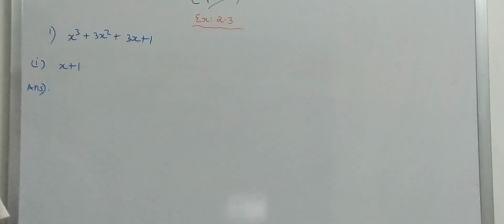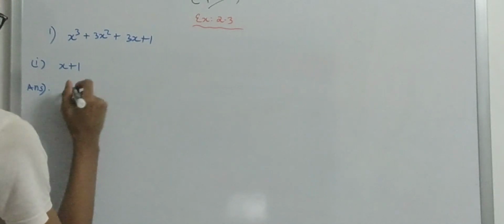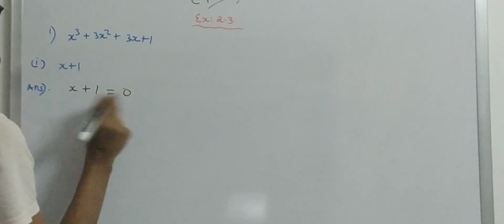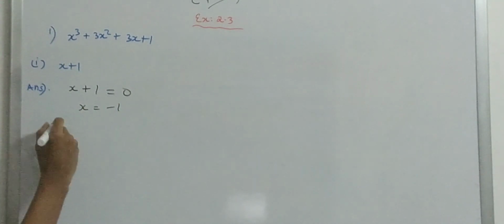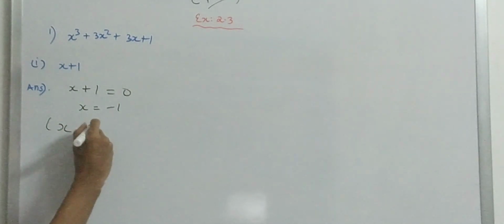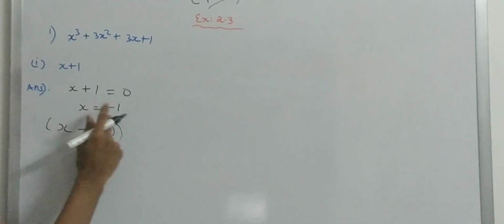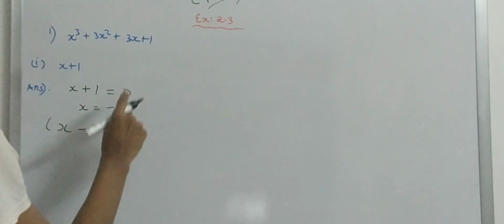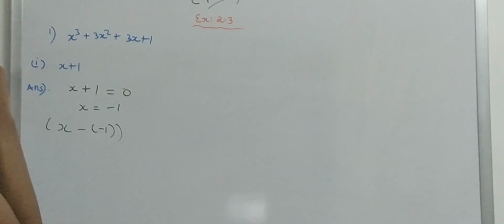Okay, so let's see. So what should we do first? First we should find x minus a. So for x minus a, x plus 1 is equal to 0. From here you will be getting x is equal to minus 1. Okay, so our x minus a will be x minus of minus 1. Now from here what should you do? Our x is equal to minus 1. So in order to find the value of the remainder, substitute this minus 1 in place of x over here.